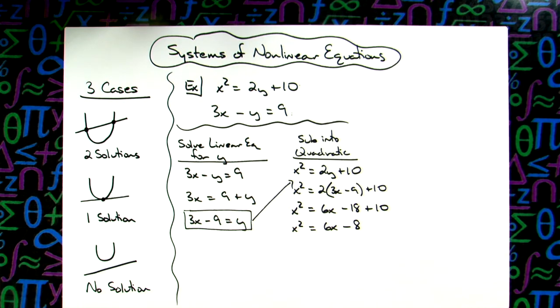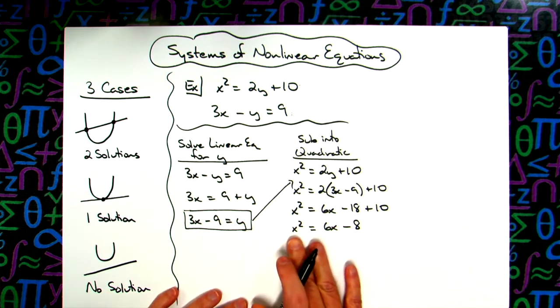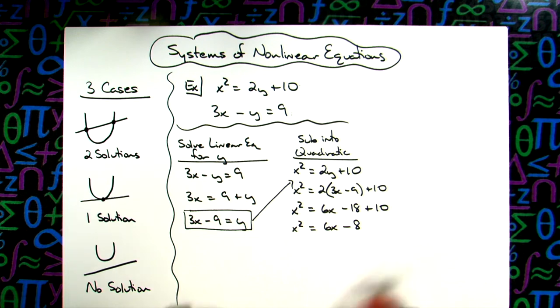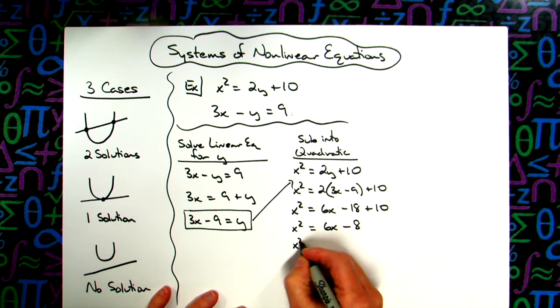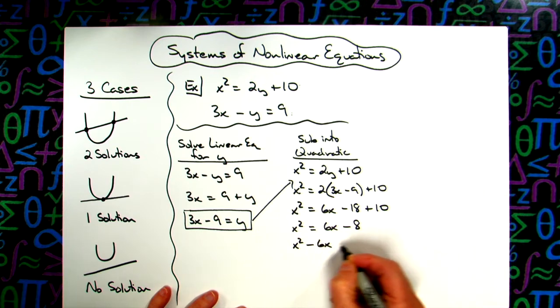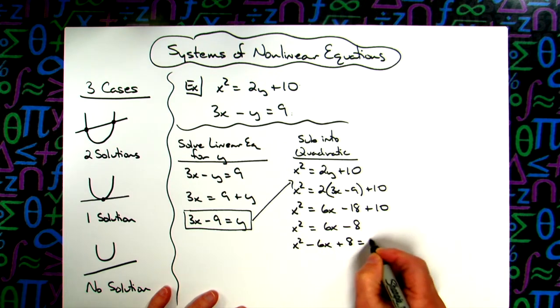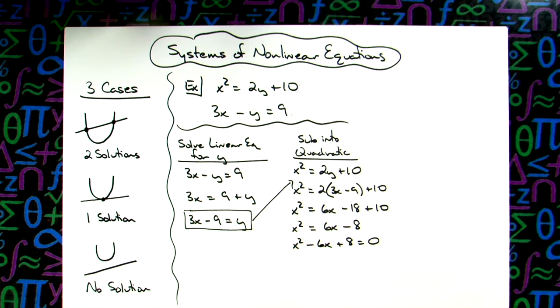Since it is a quadratic and I want the leading coefficient in front of my x squared term to remain positive, I'm going to move everything over to the left and set it equal to 0. So I'll have x squared minus 6x plus 8 equal to 0. Now hopefully this is going to factor. If it does not factor, we would have to use the quadratic formula.